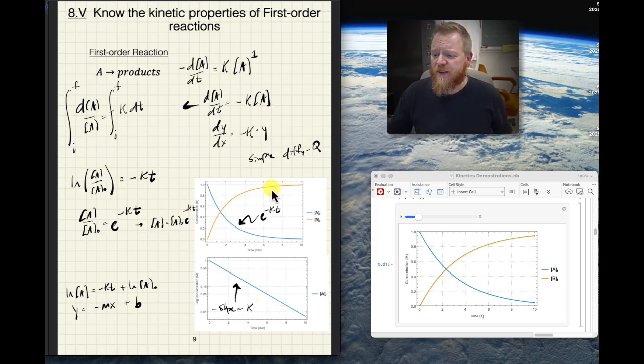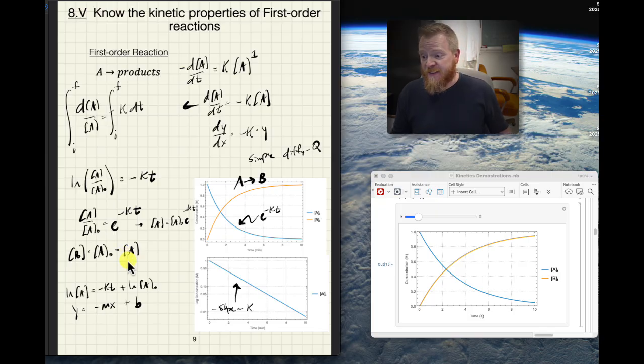But now what about this product evolution? Well, as it turns out, if we want to consider the stoichiometry here, and again, for this reaction, the way I set this up, this reaction is A goes to B. Then we can recognize the concentration of B at any time is going to be equal to the initial concentration minus whatever the concentration is at any given time.